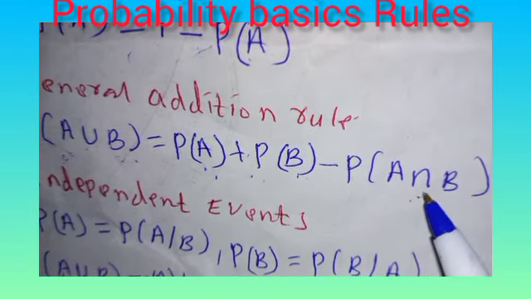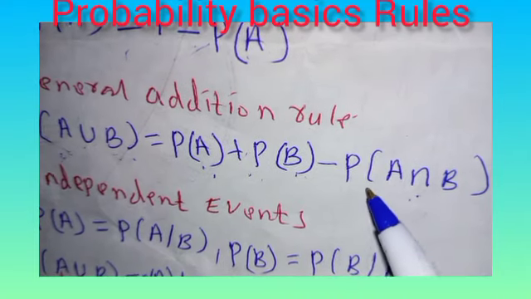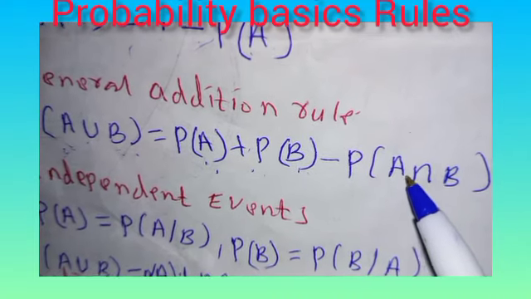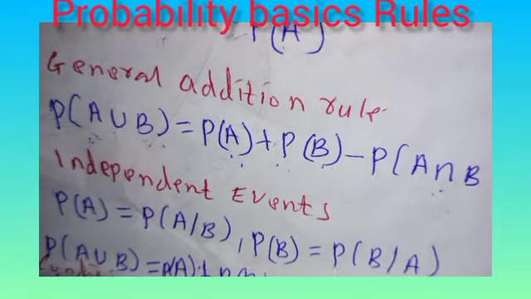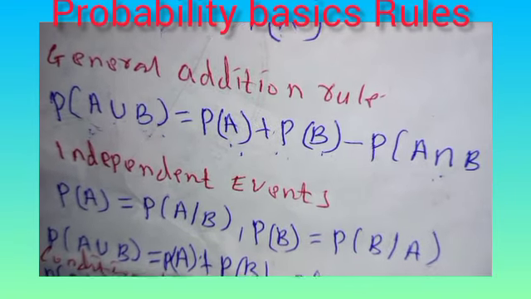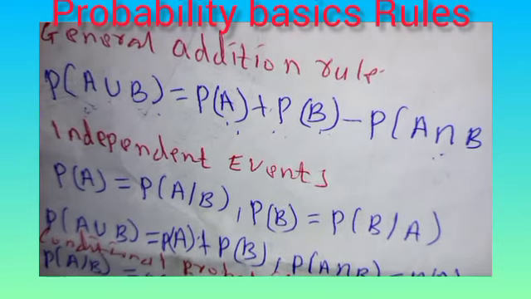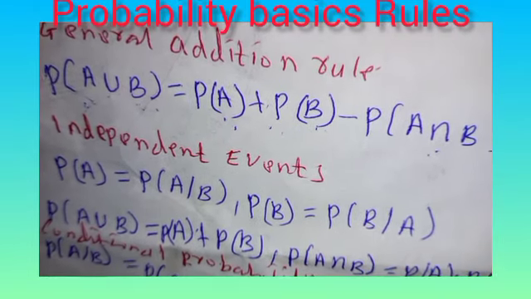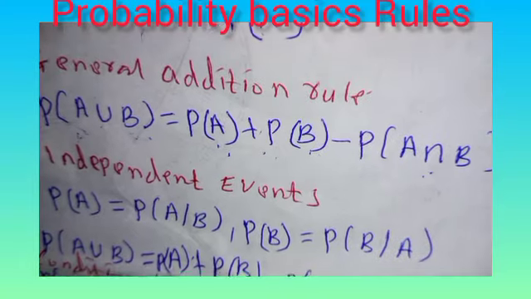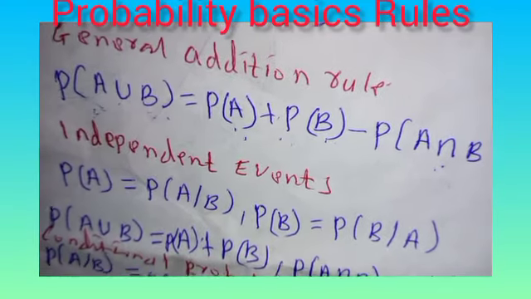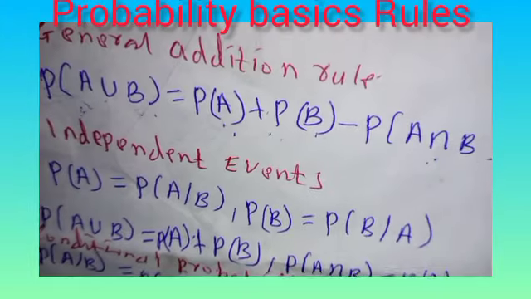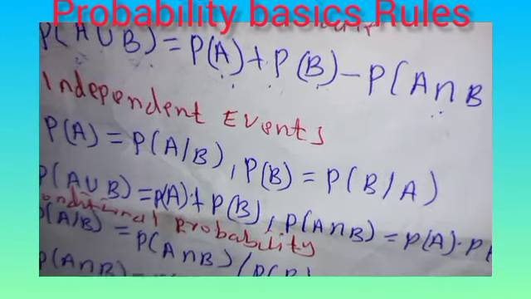The intersection symbol means A and B occurring at the same time, for example, a day being sunny and at the same time a day being rainy. The two events must be occurring at the same time. So that is the meaning of that symbol.